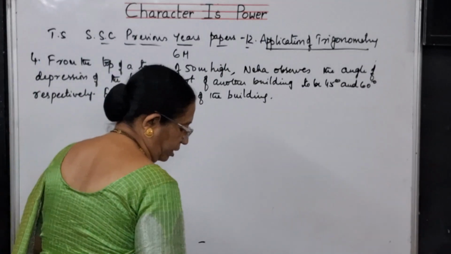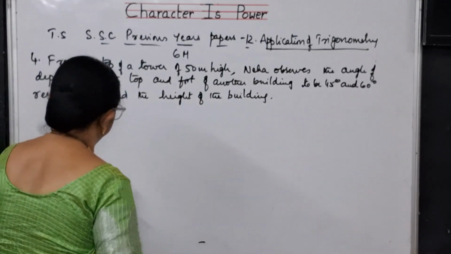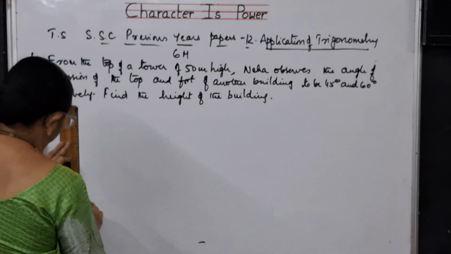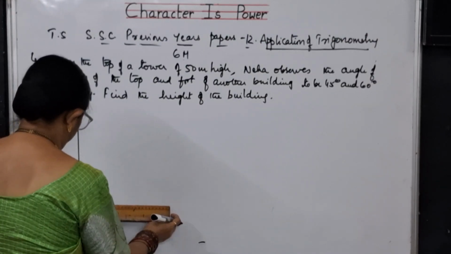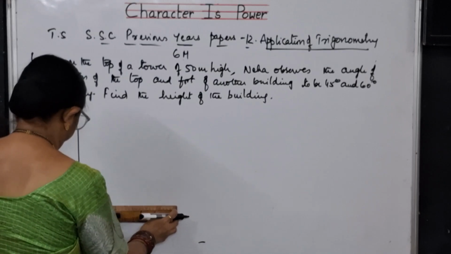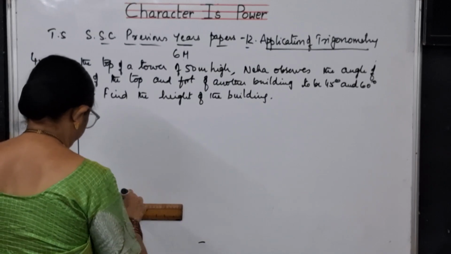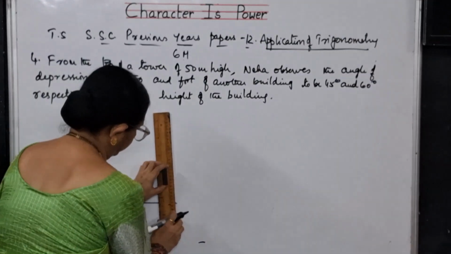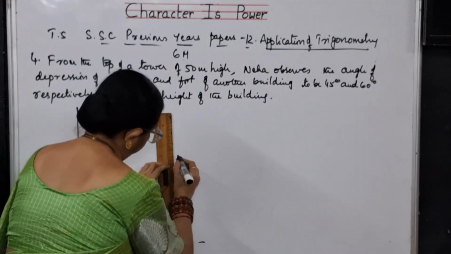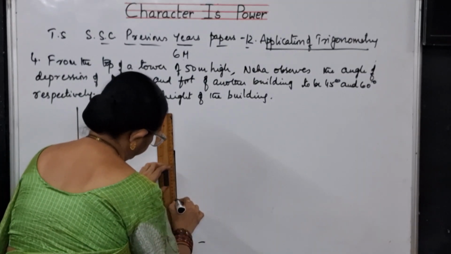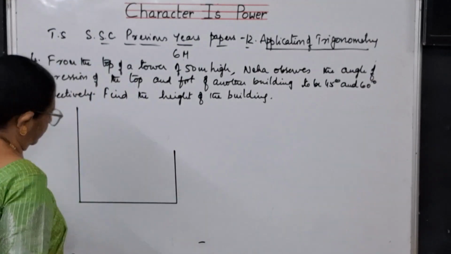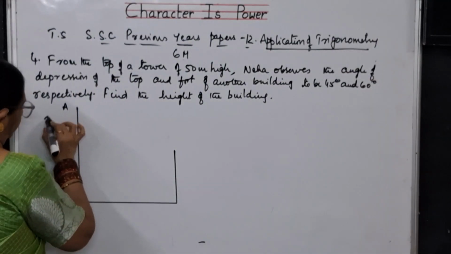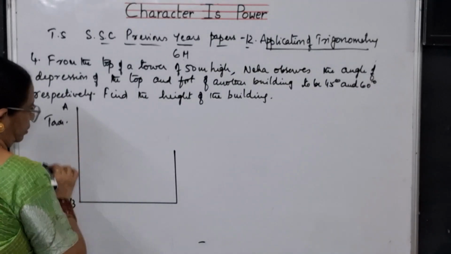So there is a tower and there is a building. AB is the tower.